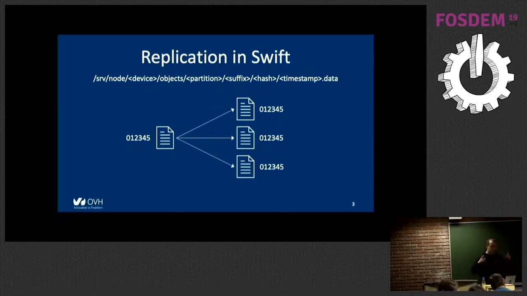It's based on the name of the object and some other information, account and container. You also have partition and suffix, which are derived from the hash. For those of you that know Ceph, a partition is like a placement group, and suffix is just a part of a partition. So this is the first way, replication, like RAID 1.